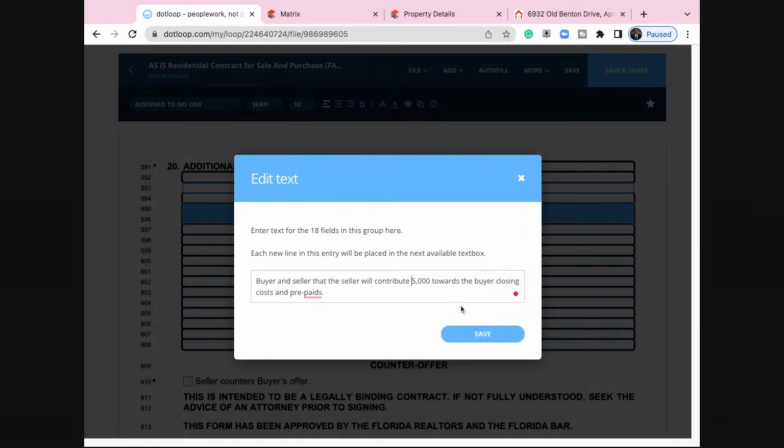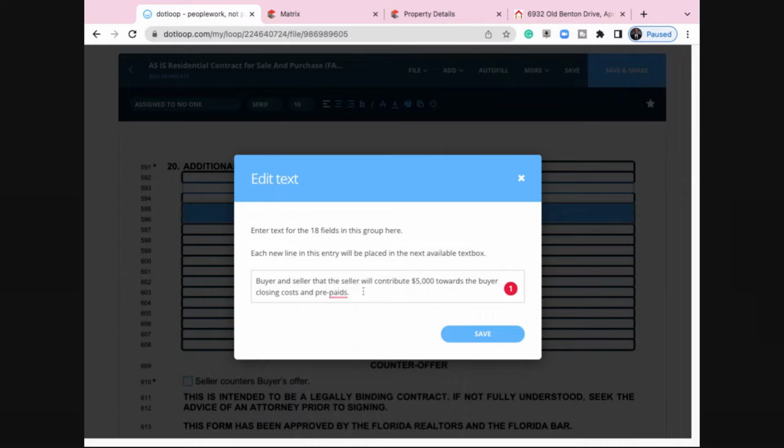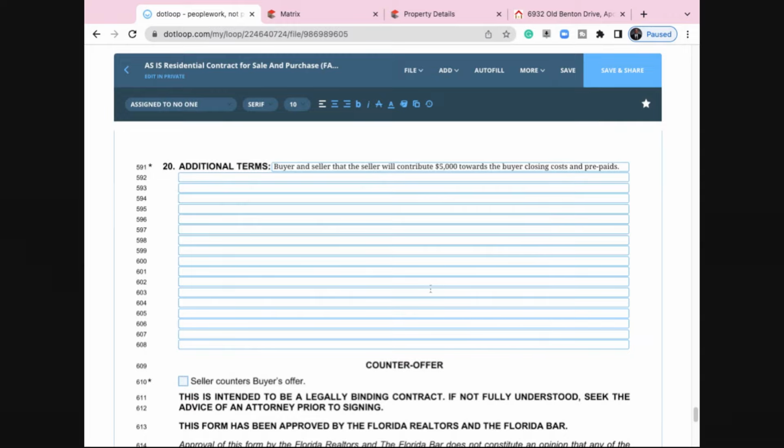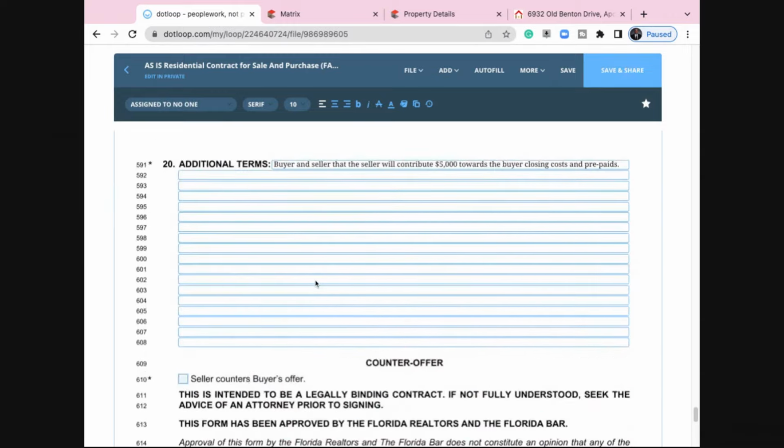And let's do the dollar sign here. And then say, and boom. And now, if it signs, the seller will contribute at close 5,000 to help the buyer close on the property.